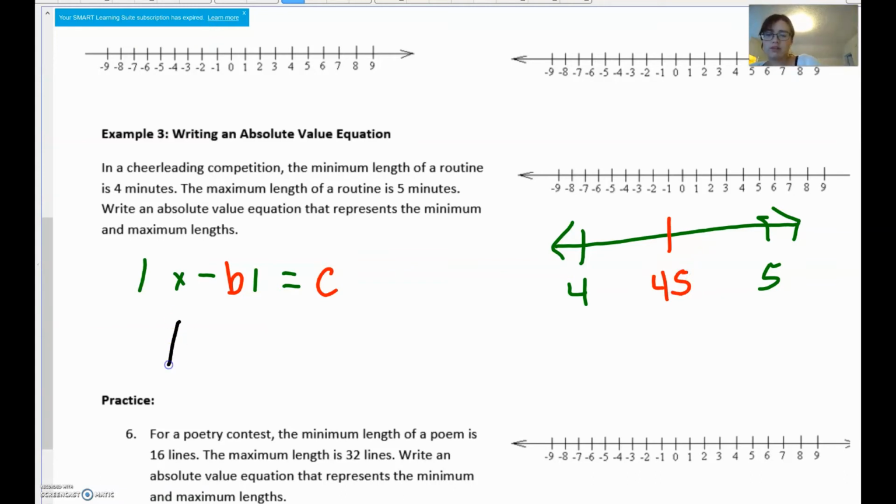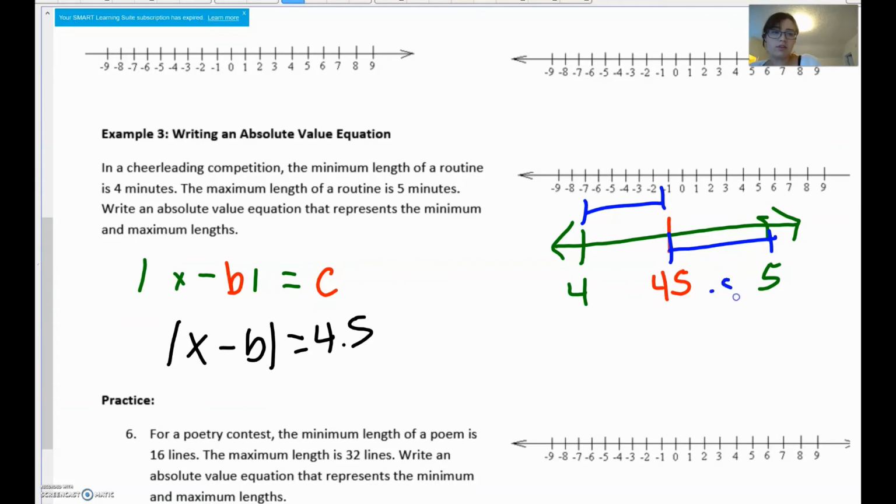So we have x minus b equals 4.5. And what is b? Well, b is just telling us this distance between 4 and 4.5 and 4.5 and 5, which is just 0.5.